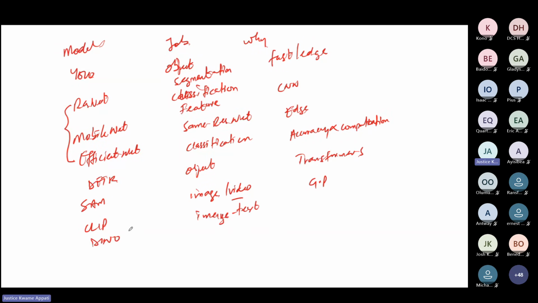And there are several variants of DINO: DINOv2, DINOv3, and a traditional one called Grounding DINO. All of these are for visual representation. Remember, I gave you the idea of feature representation or object representation.